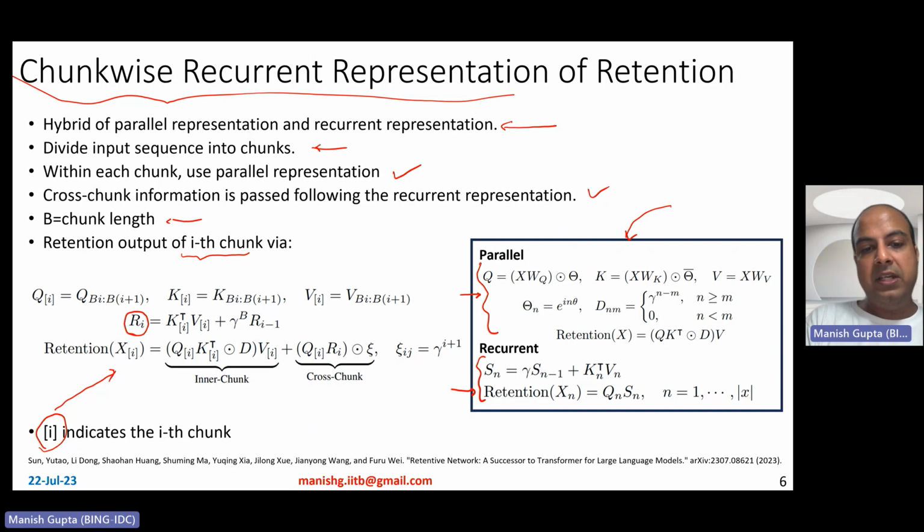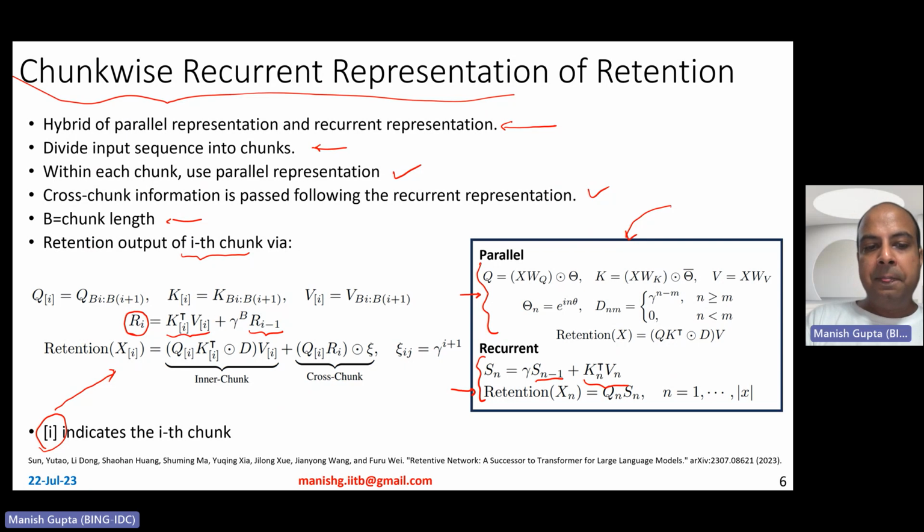In a recurrence way, I would use R_{i-1} coming from here. Here R and S are analogous, right? And then I essentially have K and V, which is coming from here.